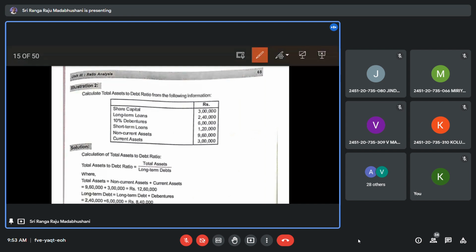So calculate the total assets to debt ratio.